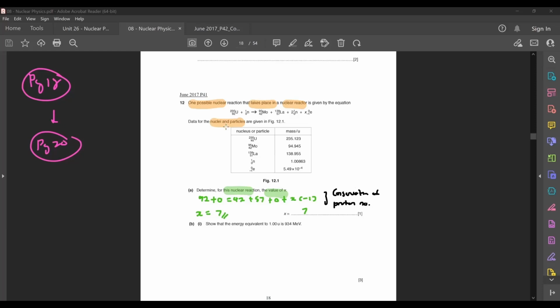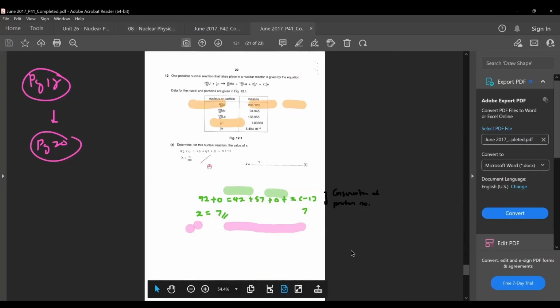And then after that, for part B1, they ask you to show that the energy equivalent to 1 u is 934 MeV. Again, this is something similar to what we've just done in page 20. So let me just open it up for you. It's going to be the last question again, if I'm not mistaken. Yeah.